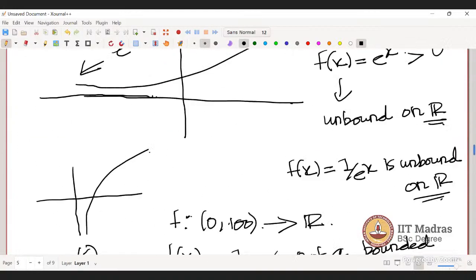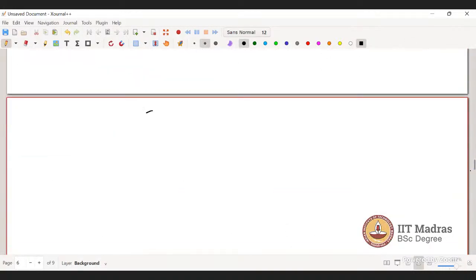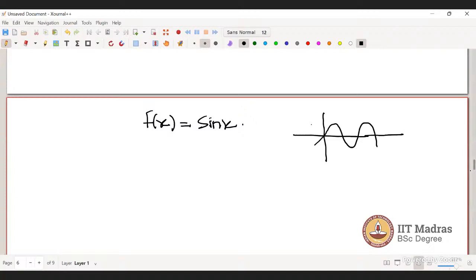That's why you say that this function is bounded. For example, take sin x from R to R. If you see the graph of sin x, you get a periodic graph. The value of the function is always between minus 1 and 1.